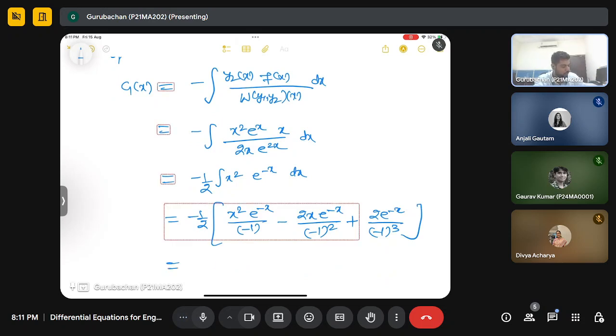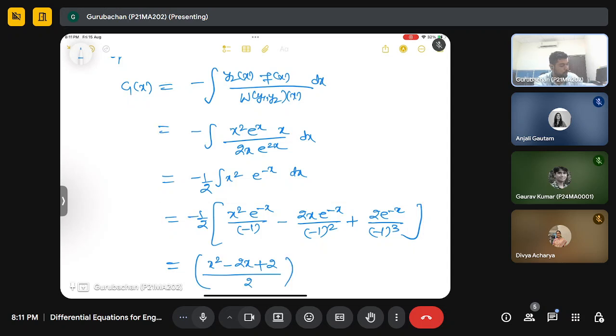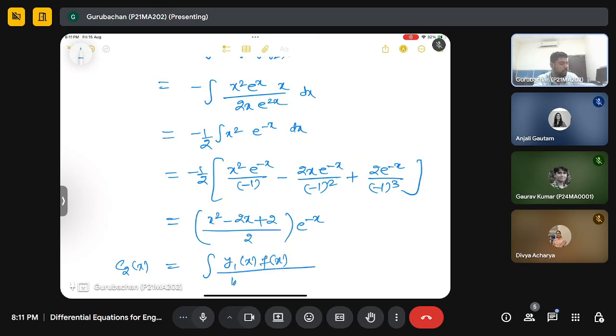So this will give you x square minus 2x plus 2 divided by 2 e to the power minus x. This will be your C1(x). Now C2(x) will be integration of y1(x) f(x) divided by Wronskian of y1, y2 at any x.